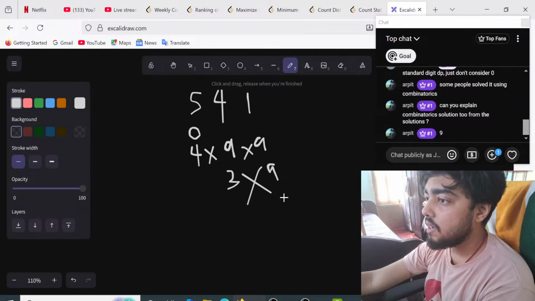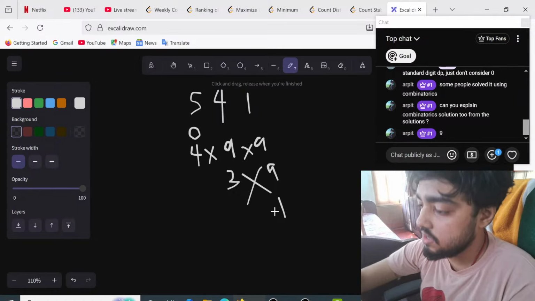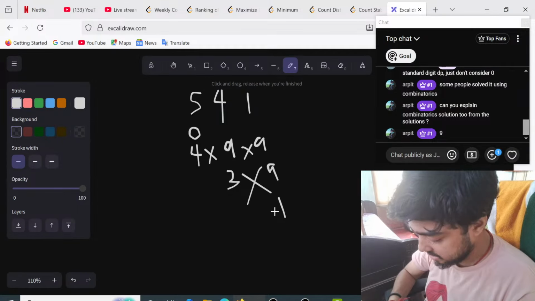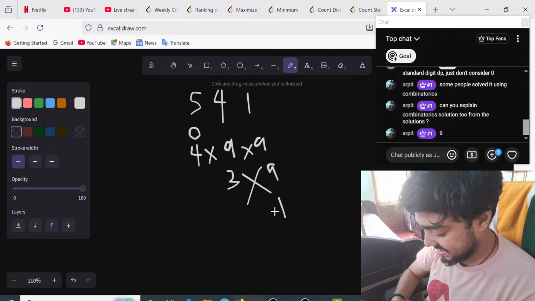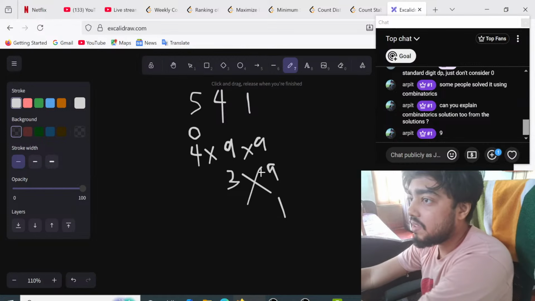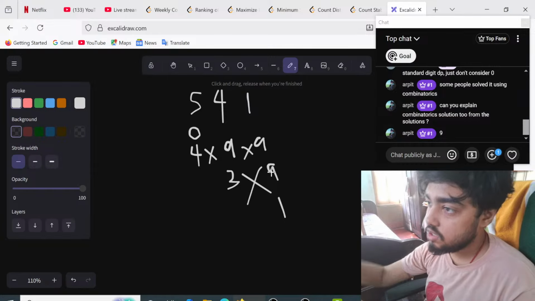And for the last part, we can consider 1. So that is 4 into 9 into 9 into 3 into 9 into 1. What is the answer for that? Let me use my calculator and check whether I am doing the correct thing or not. Okay. 9 plus 3 into 9 plus 1. It is 352. Is it 352? It's two less number.